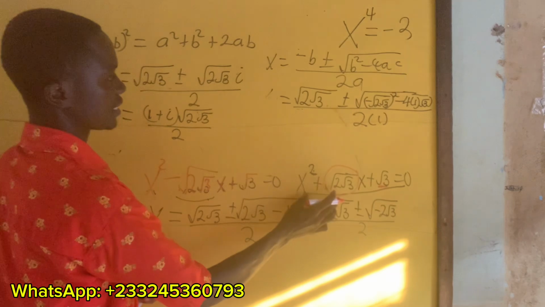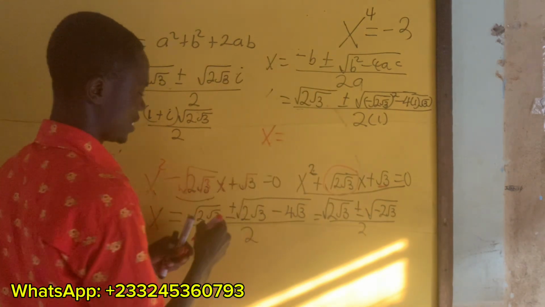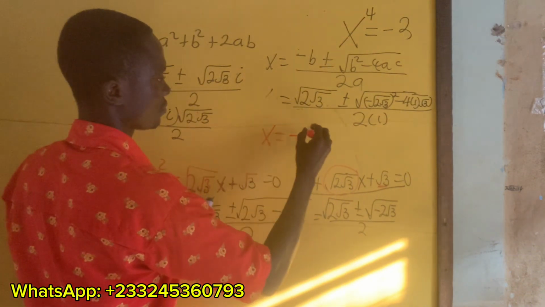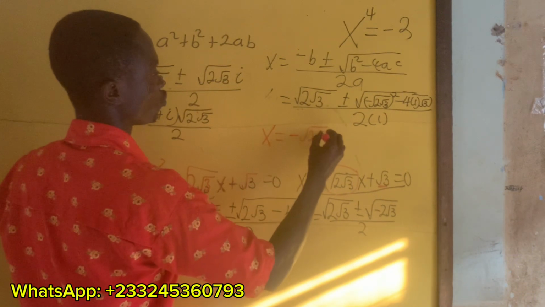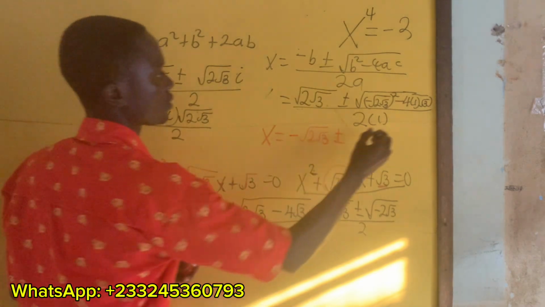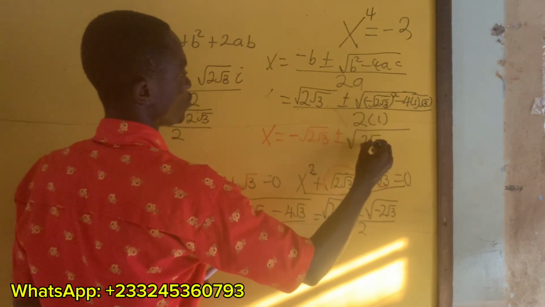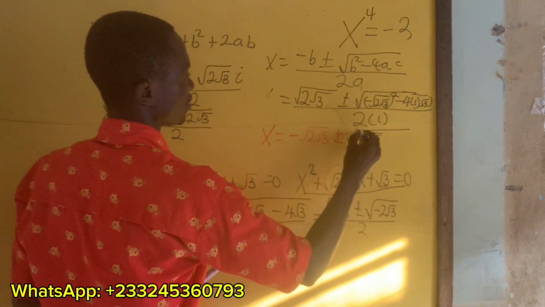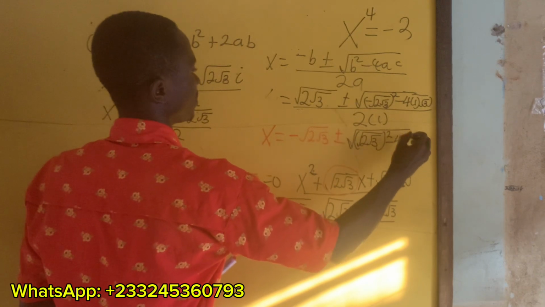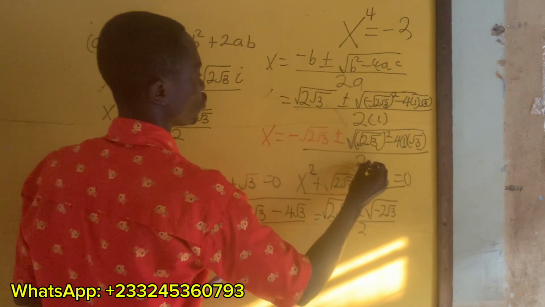So here it means that if we are going to put this one here, our x is going to be negative 2 root 3 plus or minus the square root of 2 root 3 squared minus 4 into 1 into square root of 3, all divided by 2.